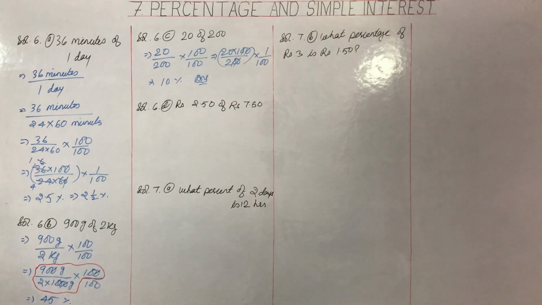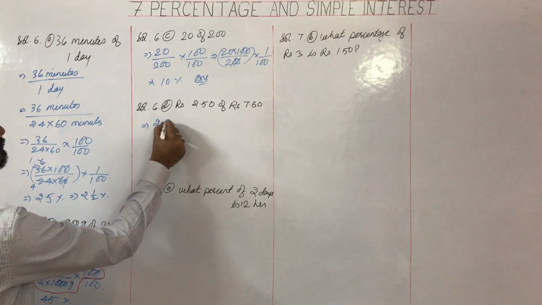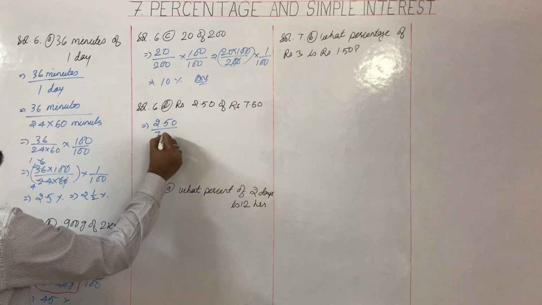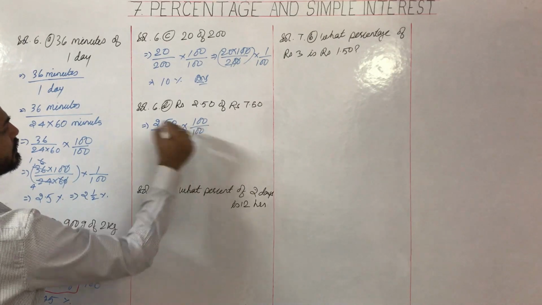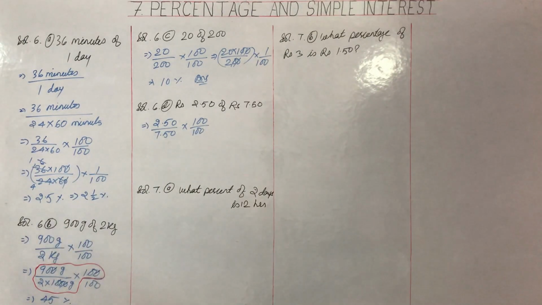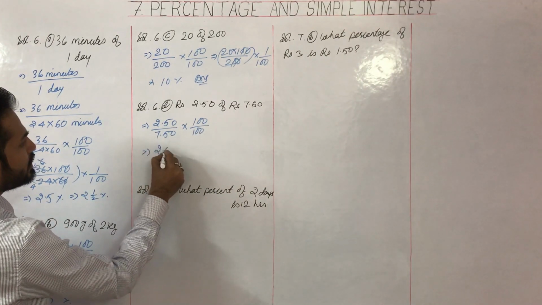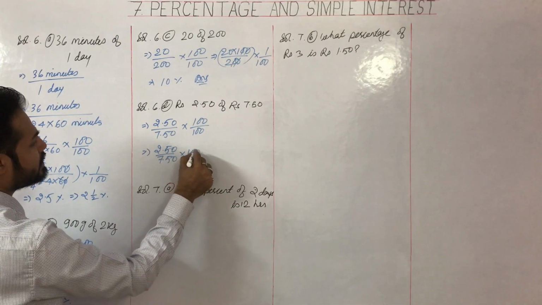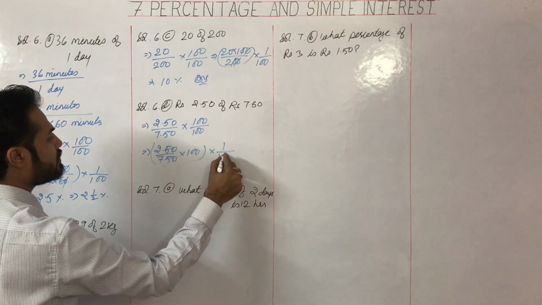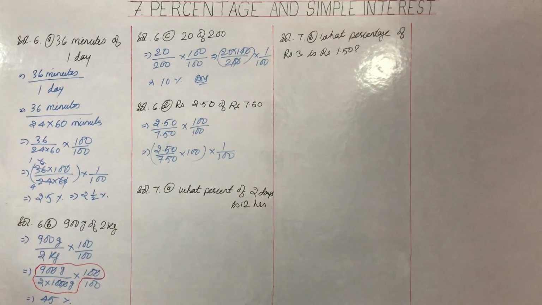2.50 of rupees 7.50. Again write in the fractional form 2.50 by 7.50. Then to convert this to percent, what to do? Again multiply by 100 and 100, and now 2.50 by 7.50 into 100 into 1 by 100, and 2.5 by 7.5 is 1 by 3.